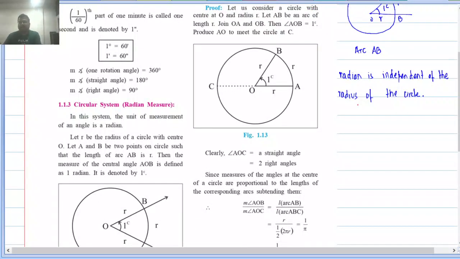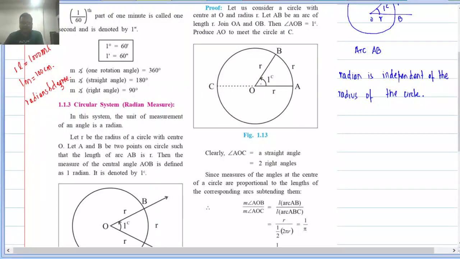We have to look at the conversion factor. What do you mean by conversion factor? Like 1 liter is 1000 milliliter or 1 meter is 100 centimeters. So we need to know what is the conversion between radians and degree.